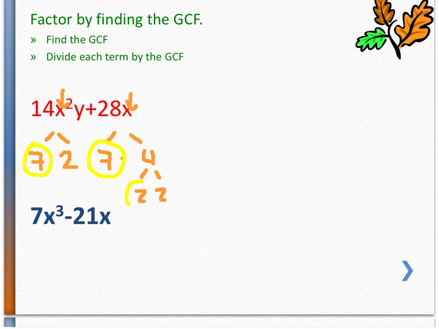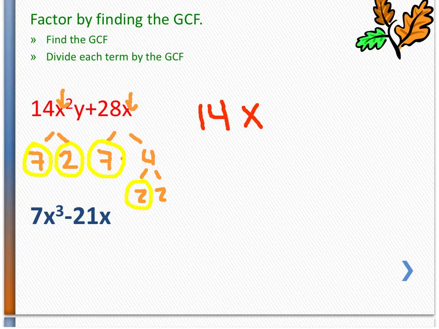And then they also share a 2. Both of them share a 2. Now what this means is the greatest common factor is going to be 14 when I multiply those two numbers together, okay? So my GCF here is going to be 14x. Now the x because they both share an x, and 14 because both of them are divisible by 14.